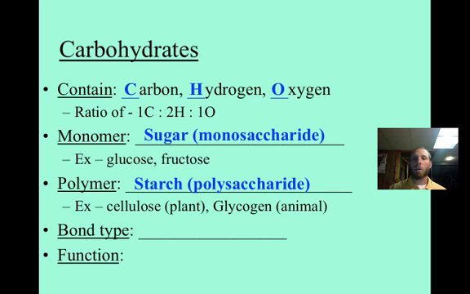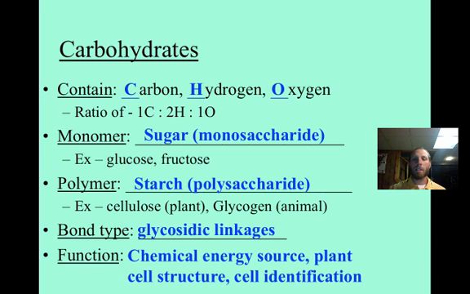The type of bond that holds carbohydrates together is called a glycosidic linkage, and the function of carbohydrates is as chemical energy sources. They're used for plant cell structure, I mentioned the cell wall, and they're also used for cell identification. Carbohydrates are found on the outside of cell membranes and are used for cells to recognize each other.